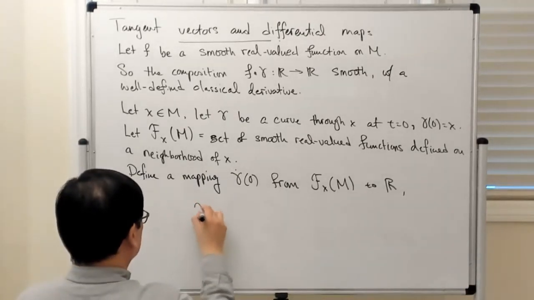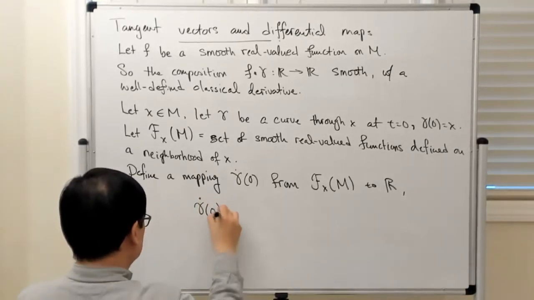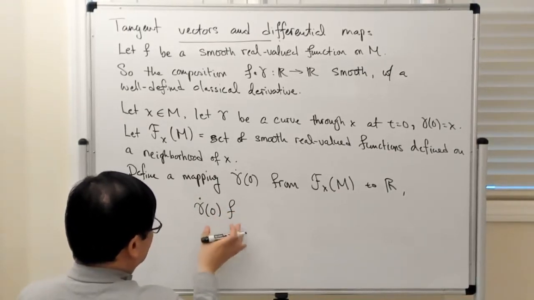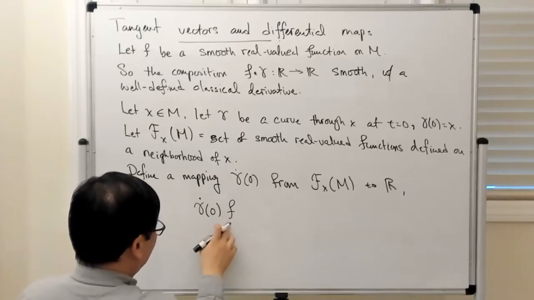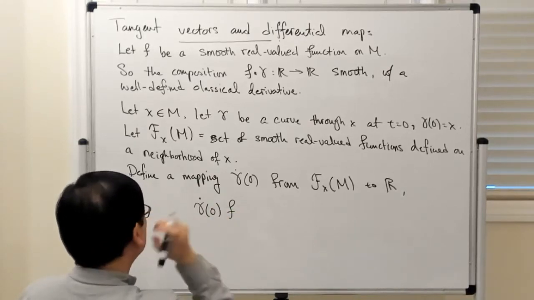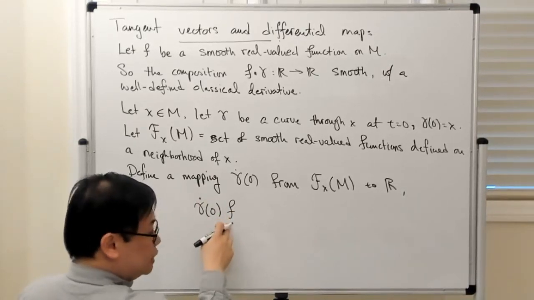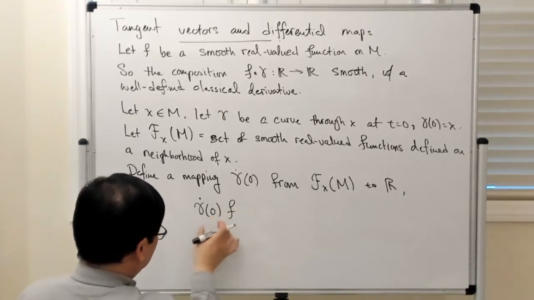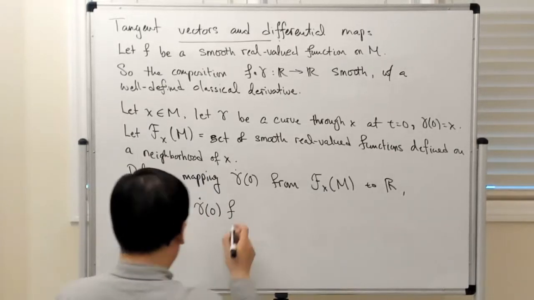So, gamma dot acting on f. The way you should think of this is that I'm looking at f, and thinking of this literally as the directional derivative of f in the direction gamma dot. So far I haven't told you what gamma dot is, but nevertheless, that's what it is.